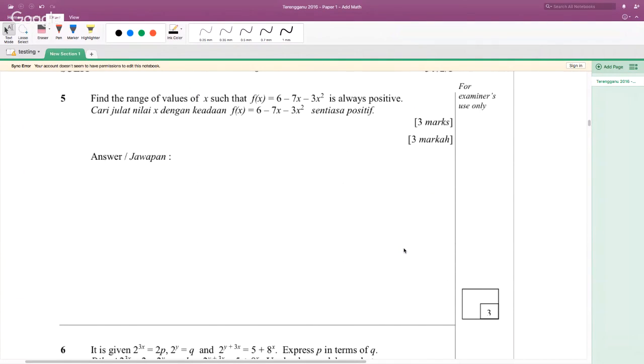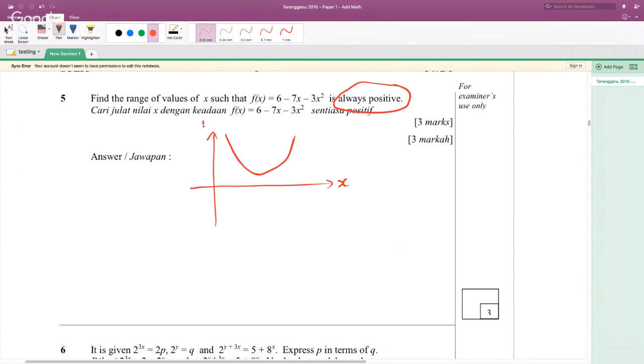Okay, I'm back. Find the range of values of x such that f(x) is 6 minus 7x minus 3x squared is always positive. Over here, you have to understand the meaning of always positive. Always positive means the graph will always be above the x-axis.